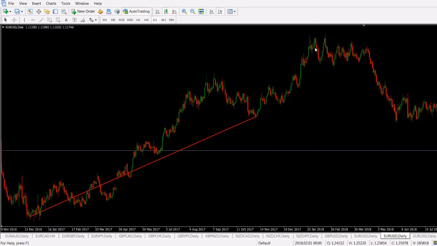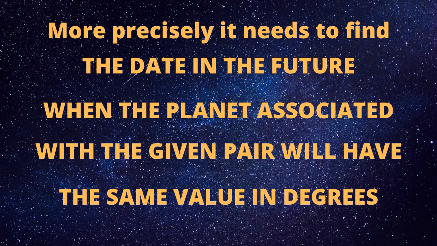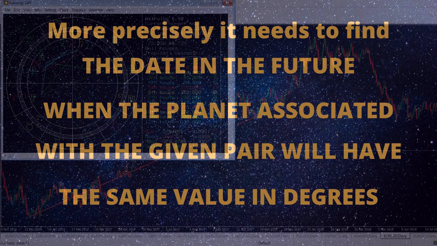So what should we do right now? Right now we should find a place where the planet Venus appears at the same value as it happened at the bottom of the market here. So let's try to find it.